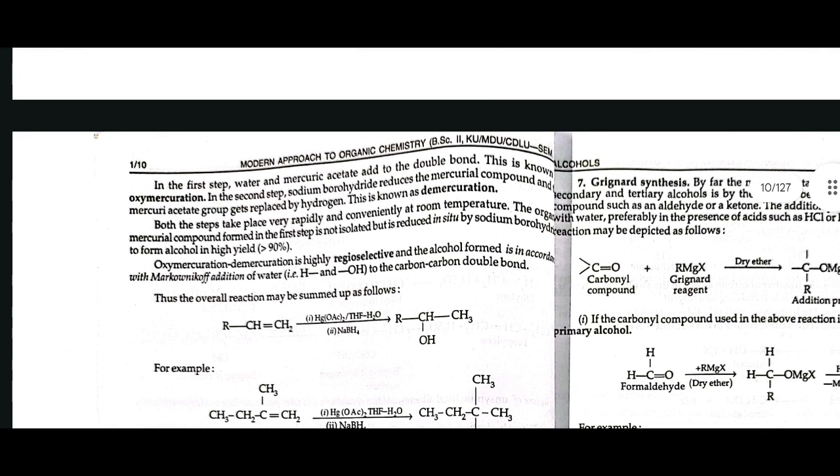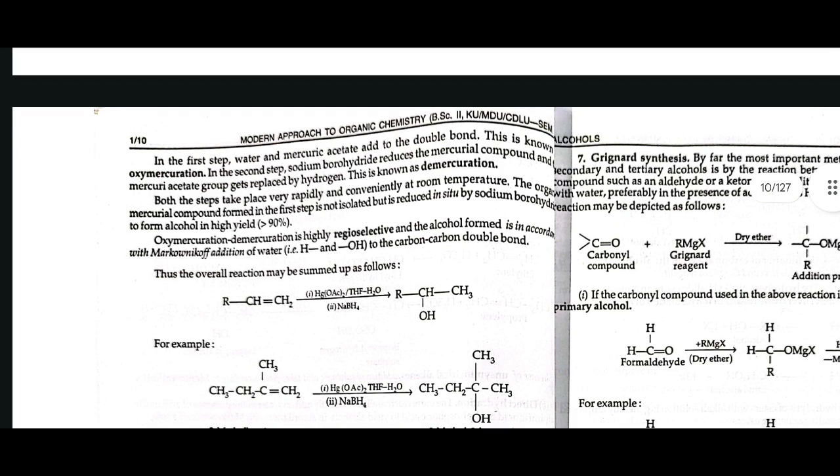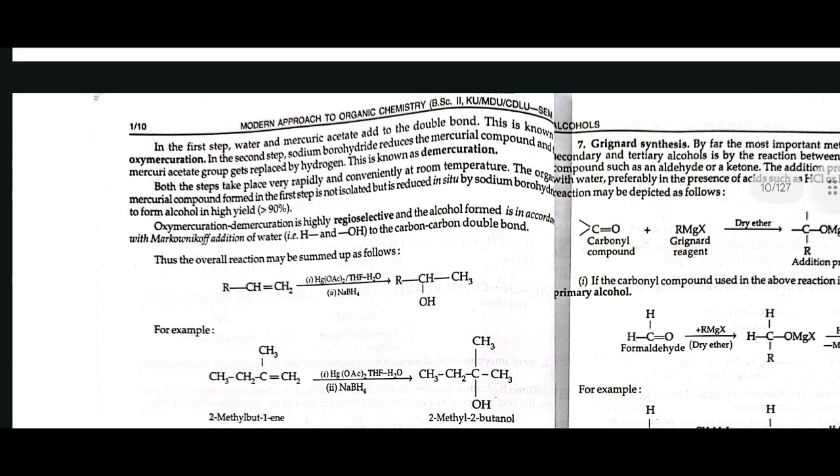In the first step, water and mercuric acetate add to the double bond. This is known as oxymercuration. In the second step, the sodium borohydride reduces the mercurial compound and the mercuric acetate group gets replaced by hydrogen. This is known as demercuration. Both the steps take place very rapidly and conveniently at room temperature.